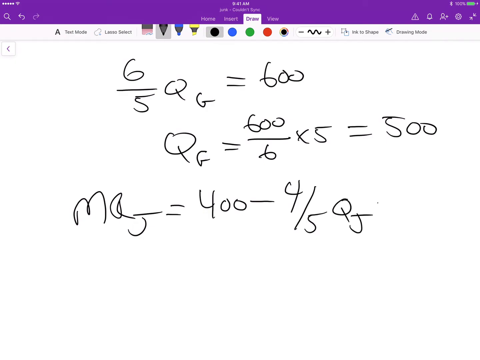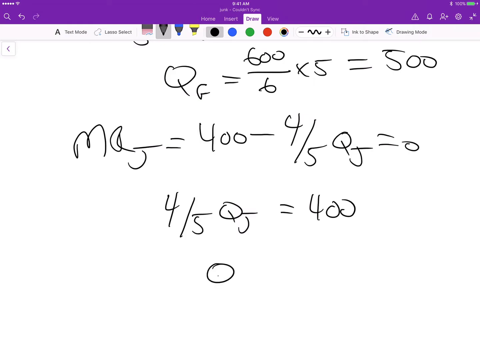Set that equal to 0. Then we'll have 4/5 QJ equal to 400. QJ maximizes revenue when it is 400 divided by 4 times 5, also equal to 500.